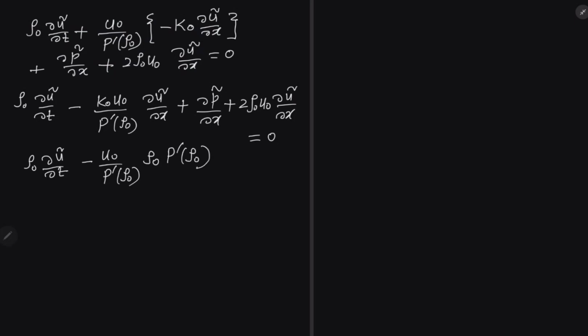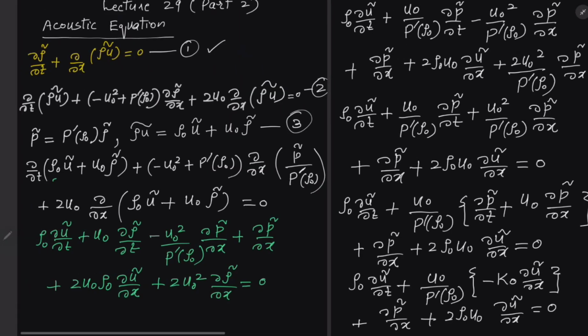I hope this was the value that we can put in k naught. You can check from the previous videos that we have actually written k naught is equal to rho naught p dash rho naught. Okay.